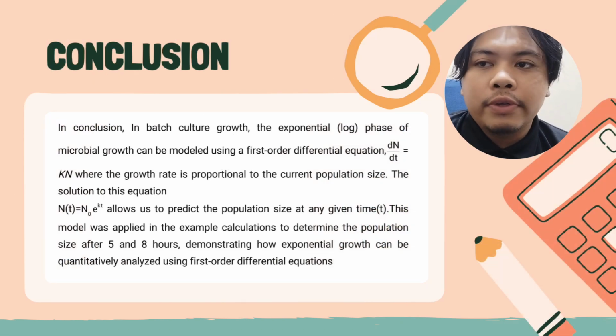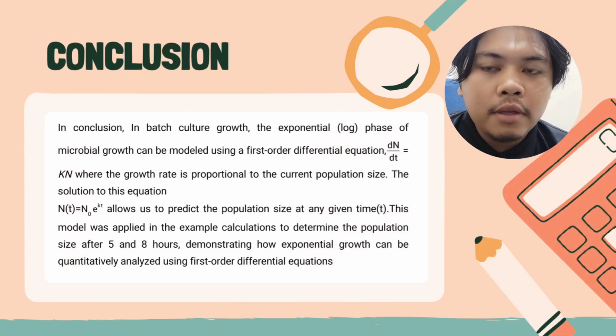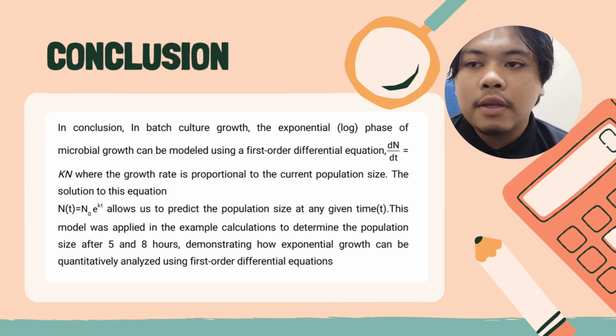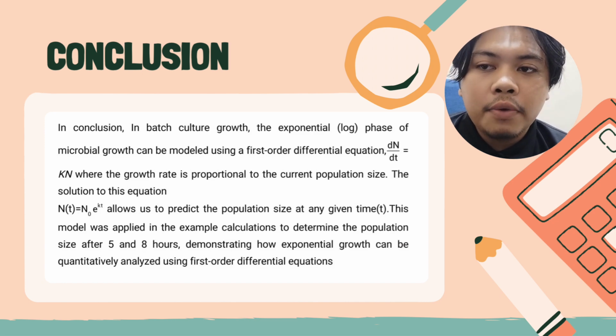For the conclusion, in batch culture growth, the exponential log phase of microbial growth can be modeled using the first-order differential equation dN/dt equals kN, where the growth rate is proportional to the current population size. The solution to the equation is N(t) equals N0 e^(kt).